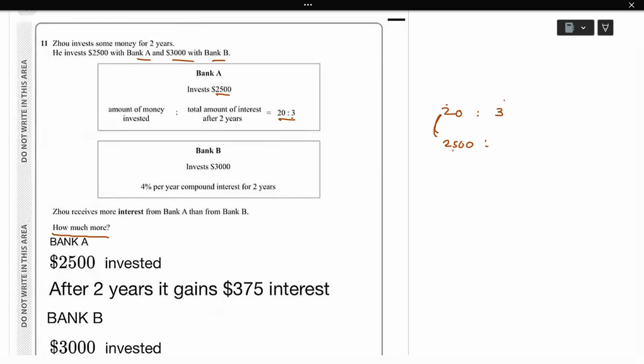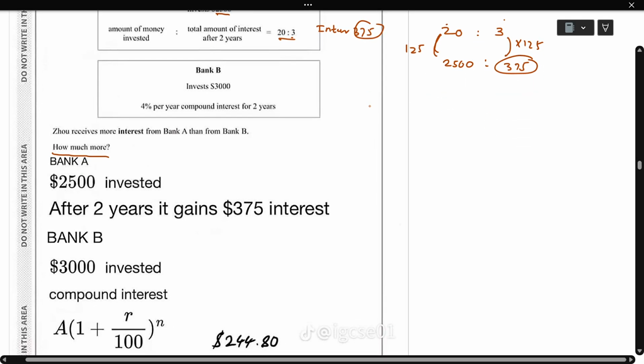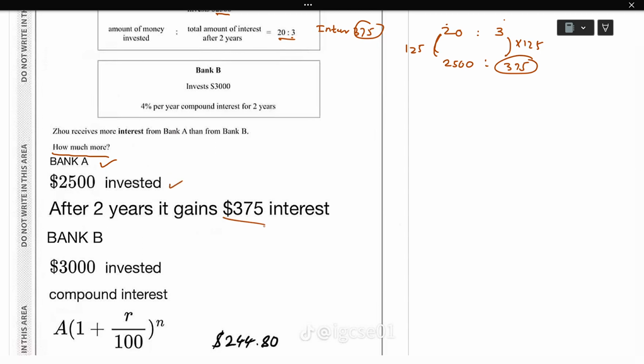Just do 2,500 divided by 20, and we get 125 times. So this also has to increase 125 times, which is 375. So the first bank's interest is going to be 375. It is written very clearly here: bank A, the invested amount, after 2 years, this 375.